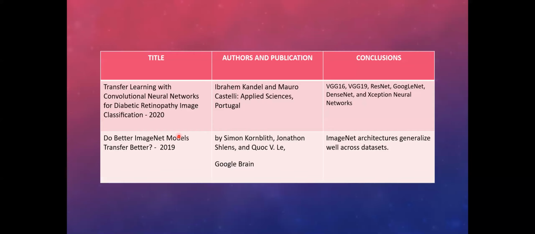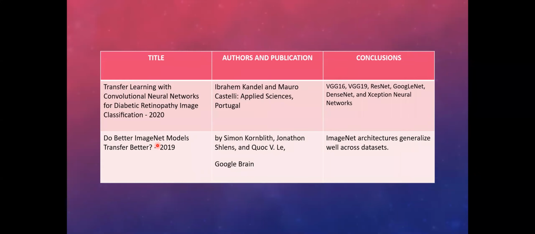And the last paper is, do ImageNet models transfer better? That means they made a case study of whether neural networks trained on ImageNet will perform better in transfer learning. So suppose I built some small neural network and trained it on ImageNet.